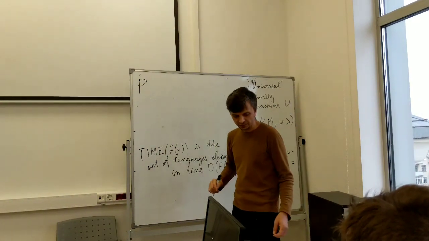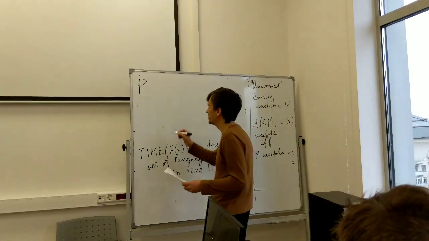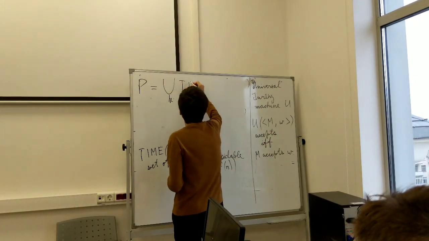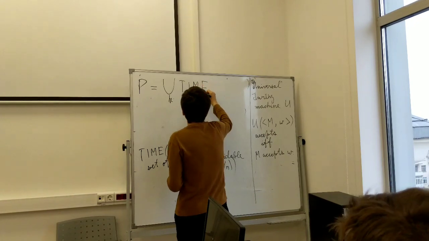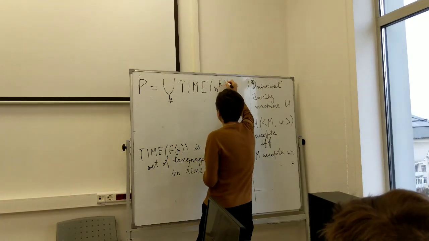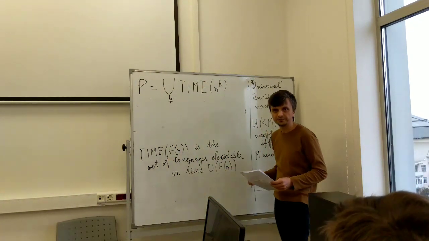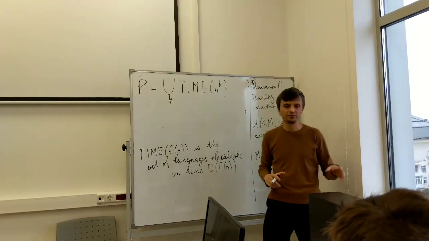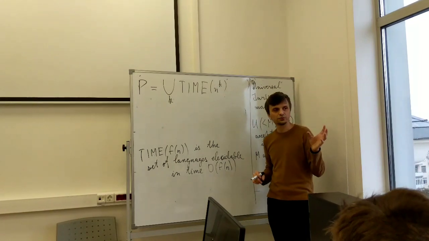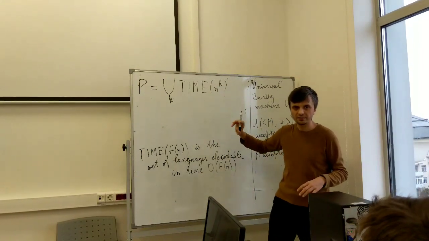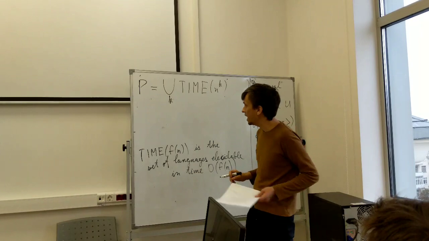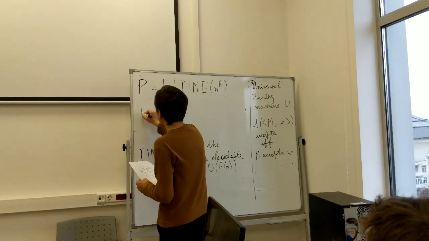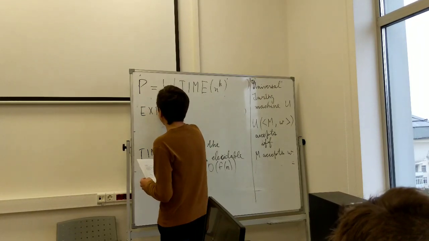So P is the class of languages decidable in polynomial time. You can define it as follows. It's the union of time of n to the k for all constants k. So everything that can be decided in O of n squared, O of n to the 100 goes here. That's polynomial time. Then there is also a class called exp time.